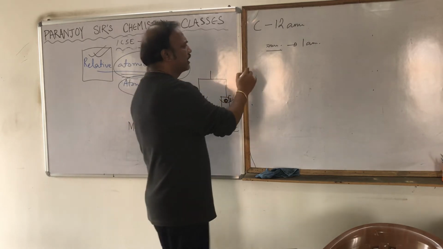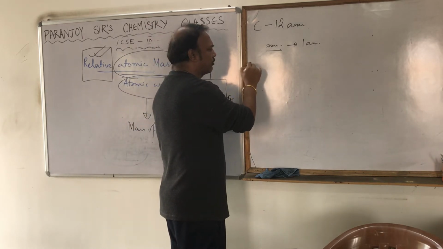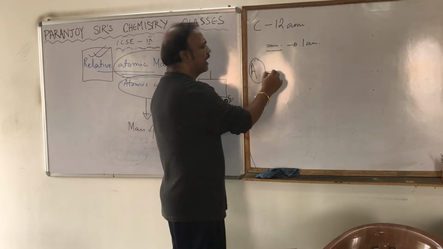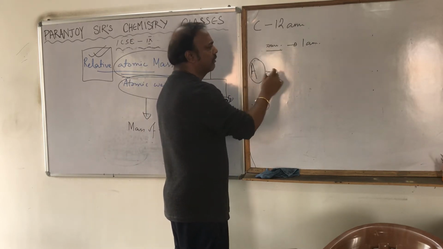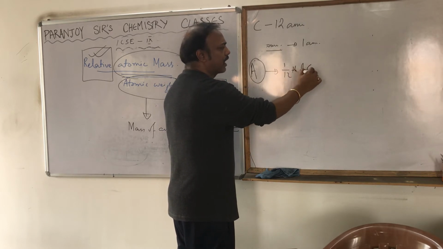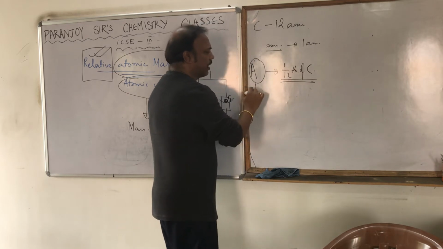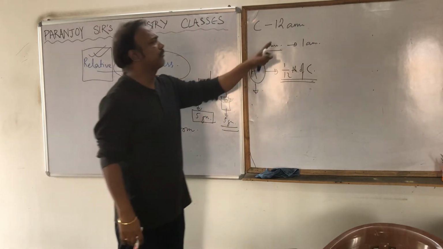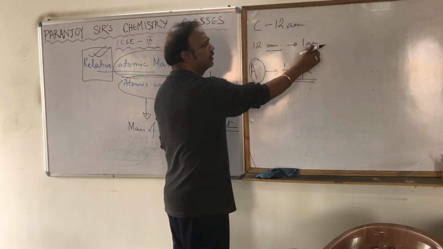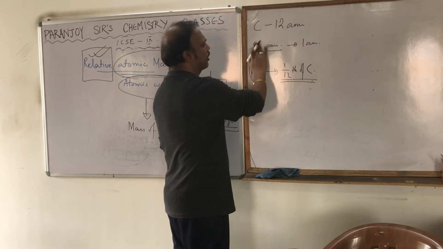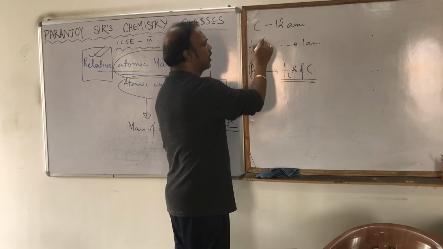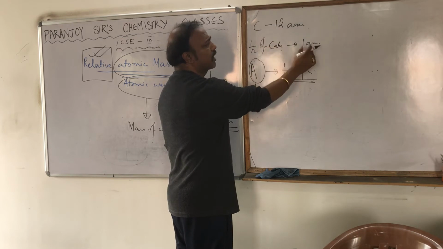By considering the carbon atom's mass at 12 AMU, we calculated the mass of the other atoms. Whatever the atom is, it is how many times heavier than 1/12th of a carbon atom, and that is its atomic mass. 1/12th of a carbon atom is equal to 1 AMU.